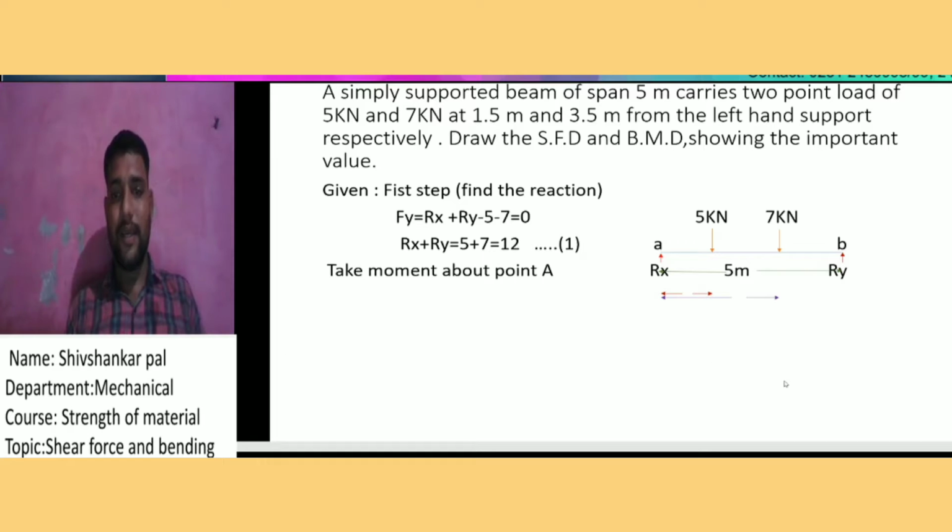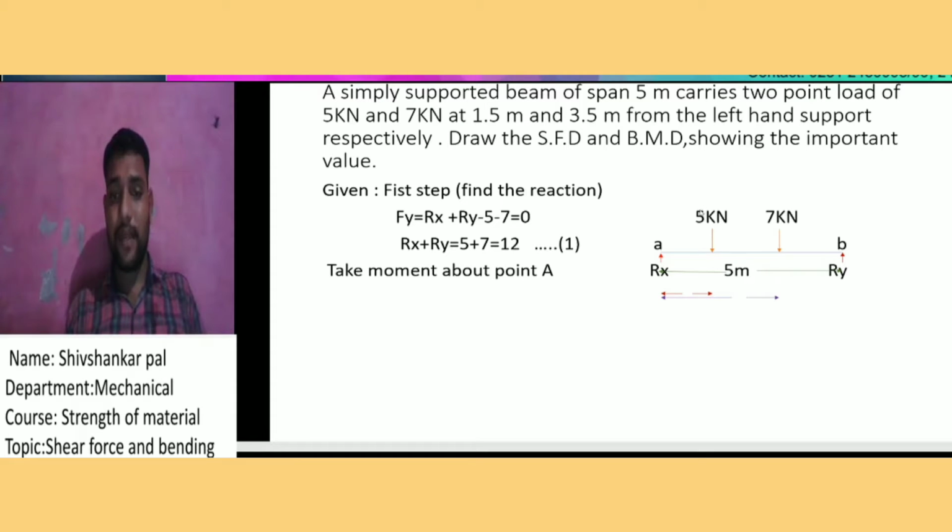What are we saying? Simply take two supports, and from the left hand support, at a distance of 1.5 meters, acts our first point load, and the second load is at 3.5 meters from our left hand support.